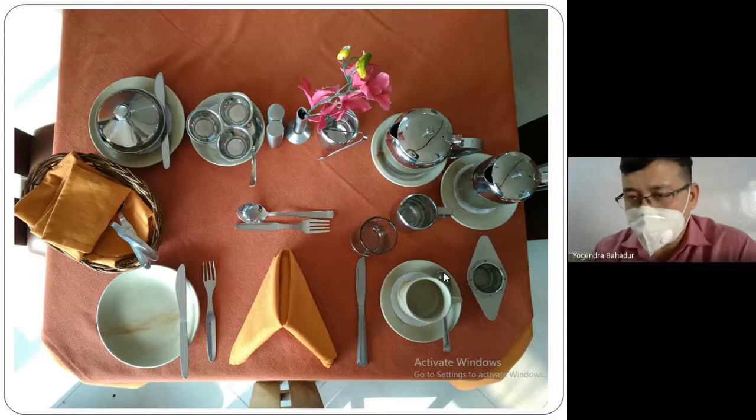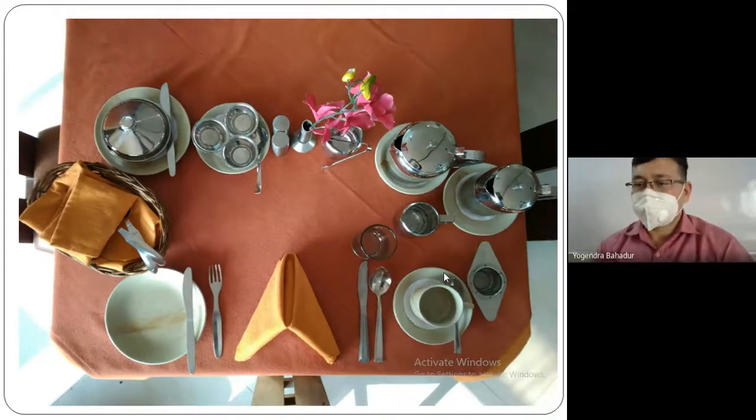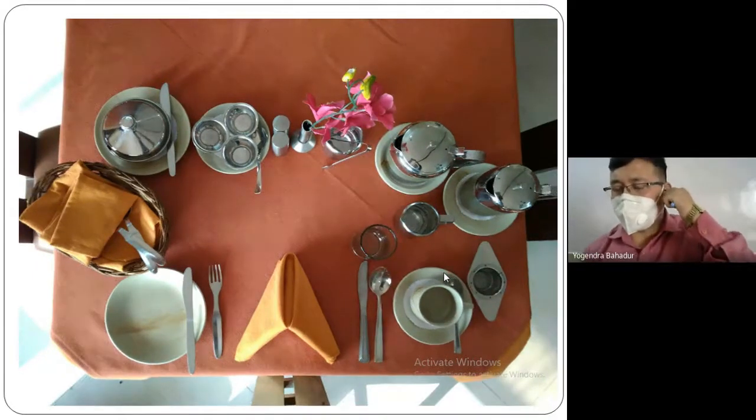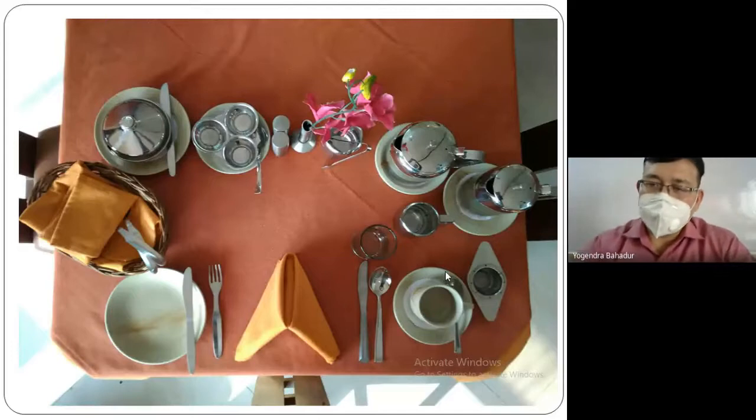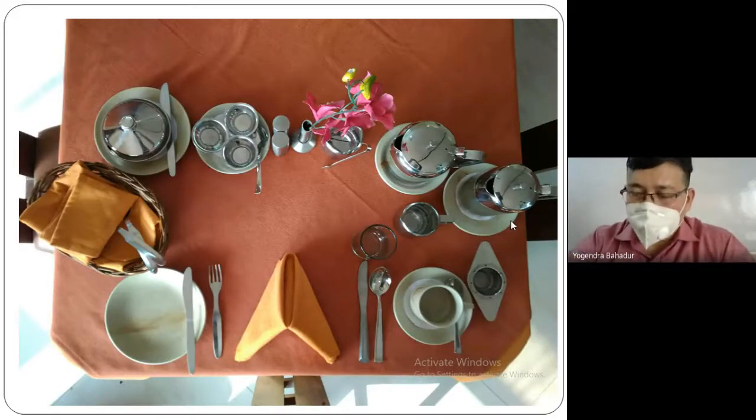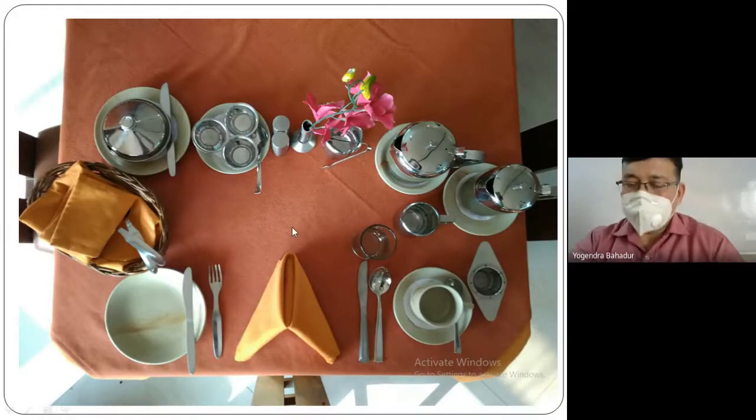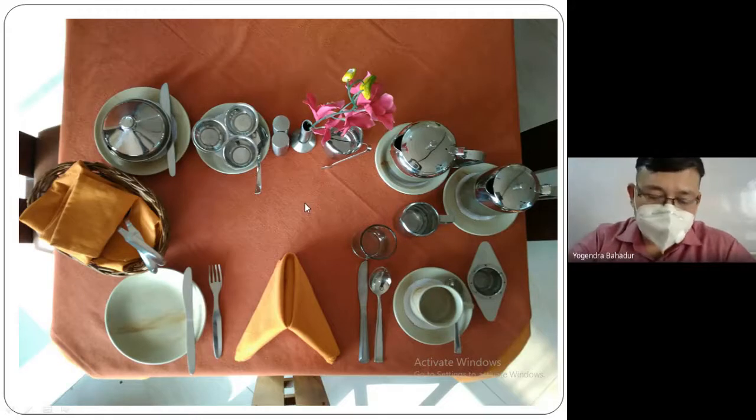So now moving to the Indian breakfast cover. As we have moved to the Indian breakfast cover, what we are finding over here is we have removed the dessert cutlery. If you see on the cover, there is no dessert cutlery, just the serviette, because generally Indian people don't prefer to have anything sweet in the breakfast.